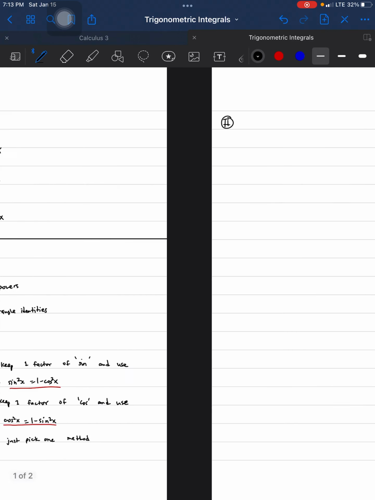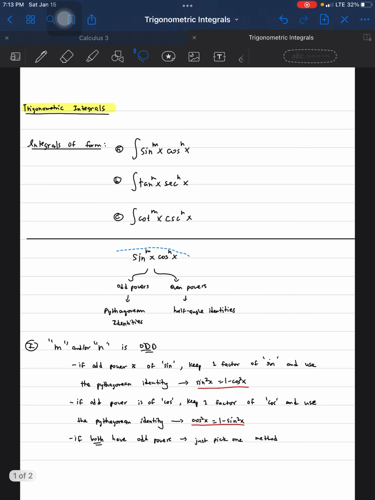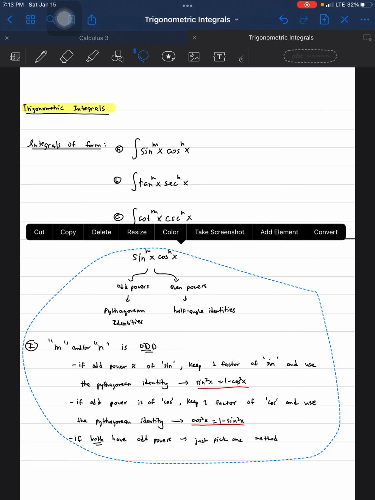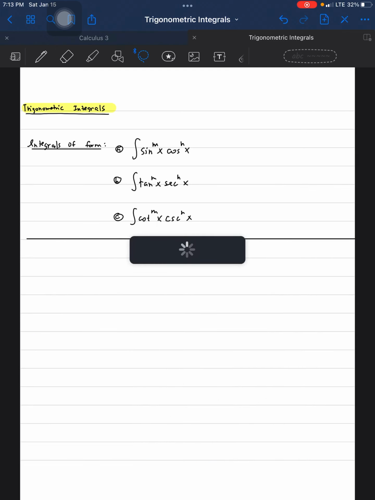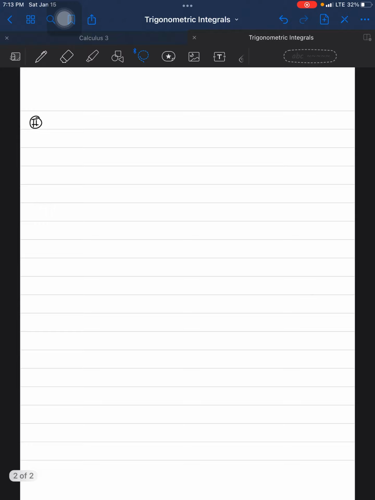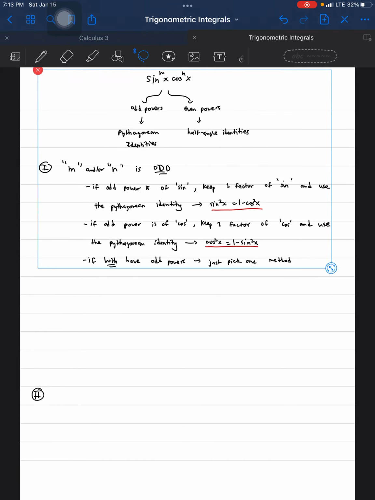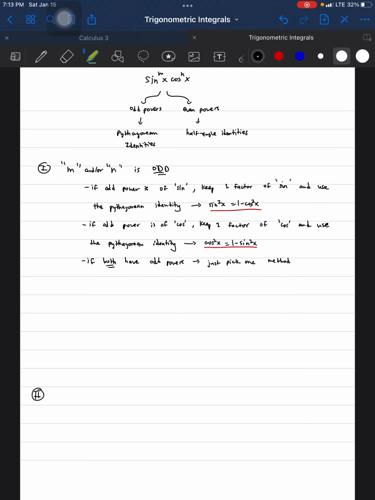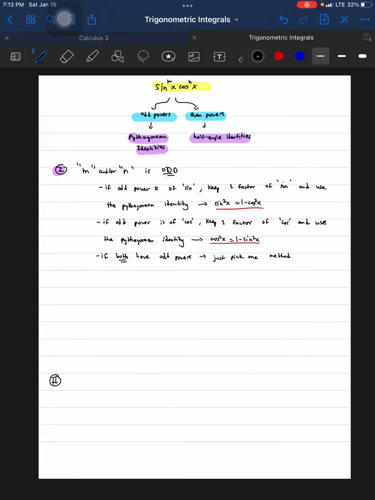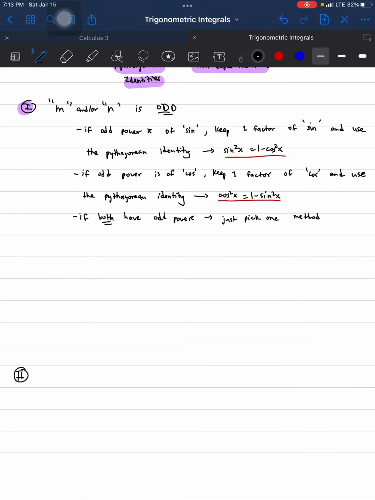The second case is, so let me actually move all of this to the next page so everything is together. So there you go.